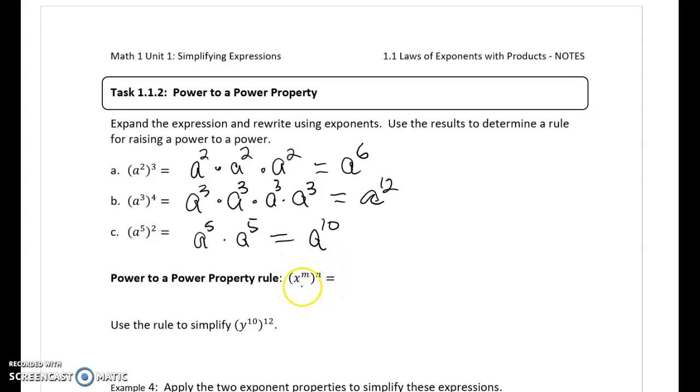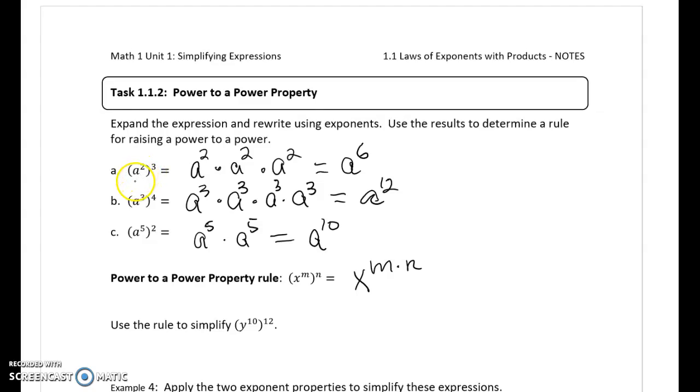All right, so here we're going to establish a rule. If we have an exponent attached to an exponential expression, so again we see 2 exponents here, we're going to keep that base and we are going to multiply the exponents. You see how that works from our original 3 problems.